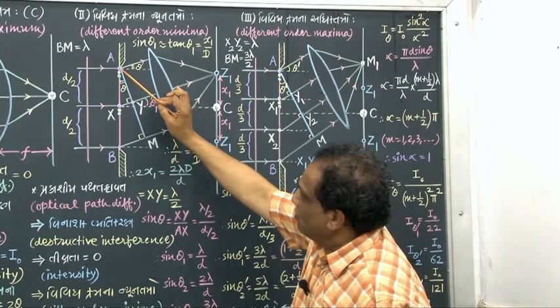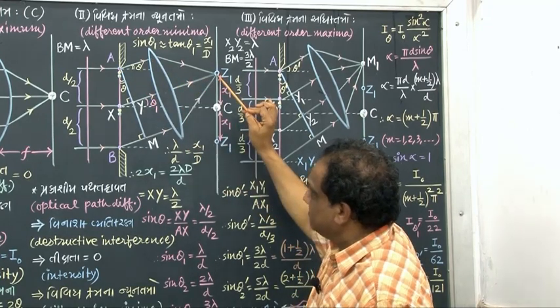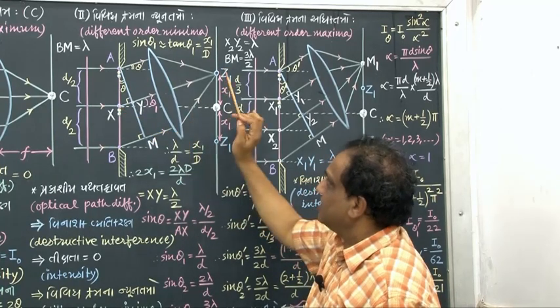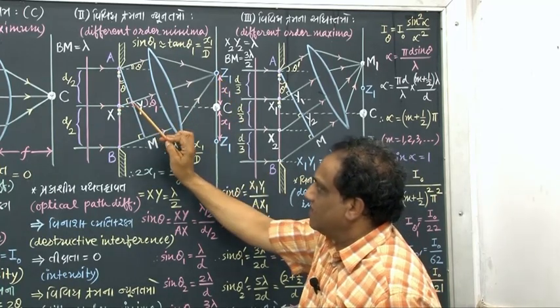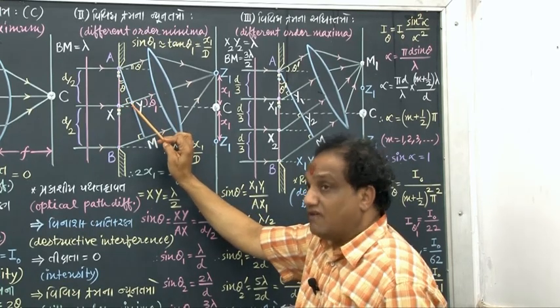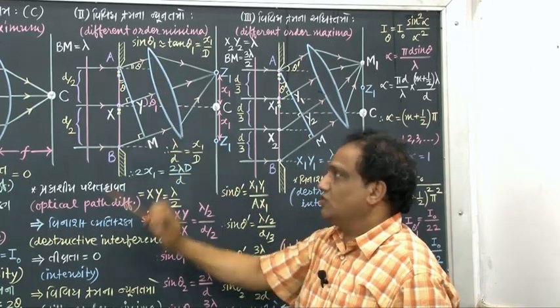But as compared to the light ray emitted from point A reaching point Z1, the light ray emitted from X and then reaching Z1 has to travel this much additional distance. So this additional distance gives the path difference between these two light rays. So what is that path difference?